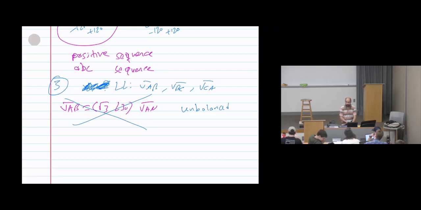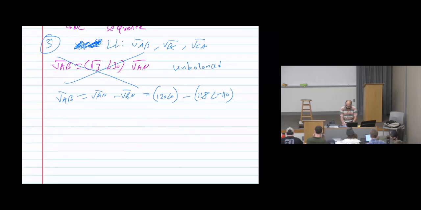What should I do? Use the general formula. So how to calculate VAB, VBC, VCA? We can say VAB equals VAN minus VBN. So VAN is 120 angle 0 minus 118 angle negative 110. I encourage you, when you put this in the calculator, put a bracket for each number.